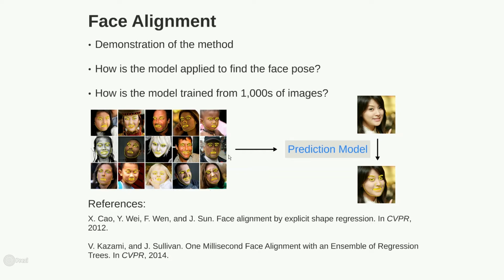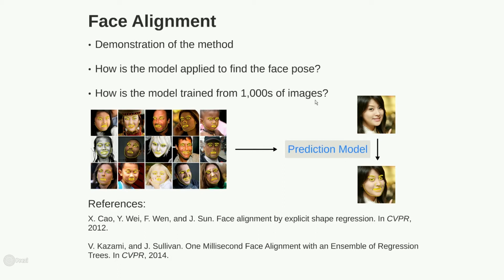We have, say, thousands of images, and we use this input data to train a prediction model. Once the prediction model is trained, we go to the testing stage, or you can say prediction stage, that is, given an input image, using the prediction model, we'll be able to find the shape or the landmarks.